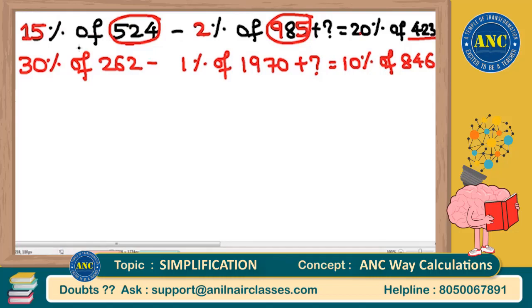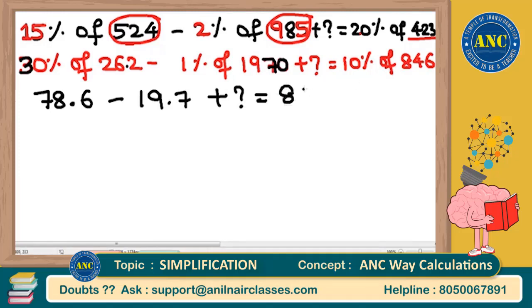So what I will do is, 10 percent of 262 is 26.2, 30 percent is 3 into 26.2, which is 78.6, minus 1 percent of 1970. 10 percent is 197, 1 percent is 19.7, plus question mark equals 10 percent of 846, which is 84.6.